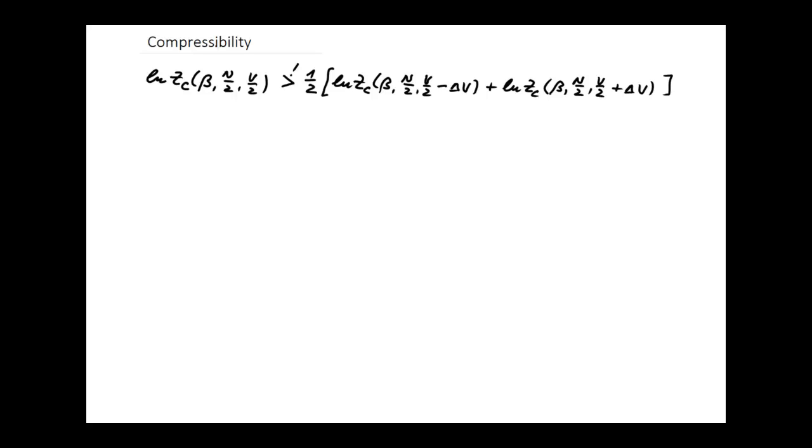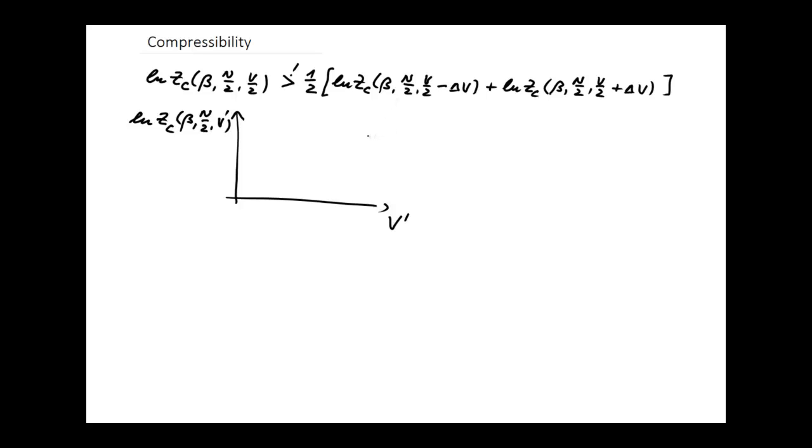And very similar to the case of the entropy that we had studied before, we can sketch a figure where on the vertical axis we have the log of the canonical partition function at some given beta, at half the particle number, at some variable volume V primed, and V primed is the independent variable on the horizontal axis.